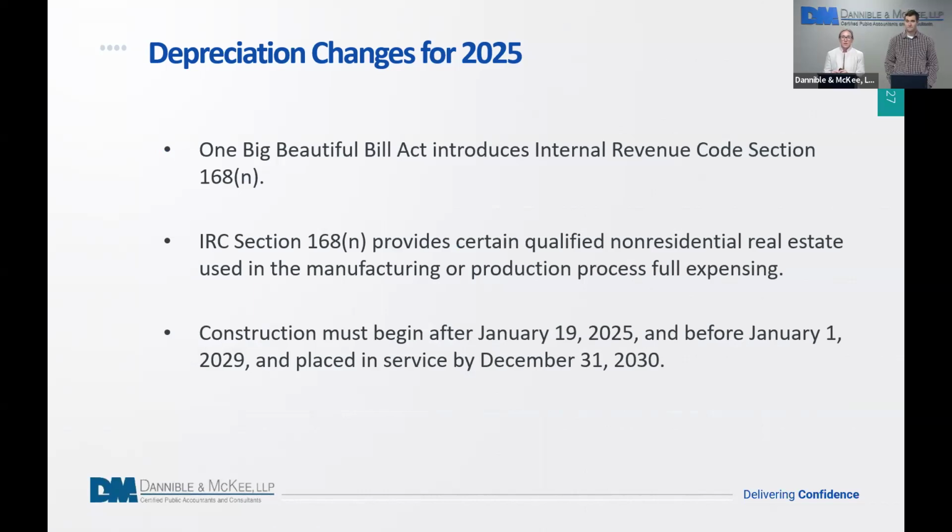The One Big Beautiful Bill Act did introduce a new Internal Revenue Code section 168N. This section provides certain qualified non-residential real estate used in the manufacturing or production process full expensing. That construction must begin after January 19th, 2025 and be completed and placed in service by December 31st of 2030.